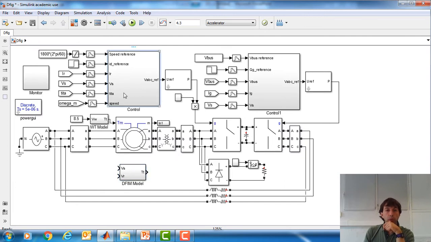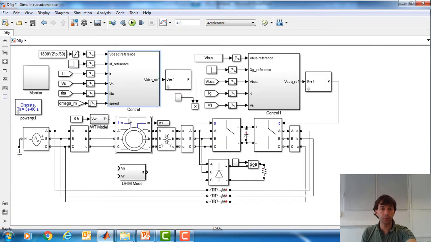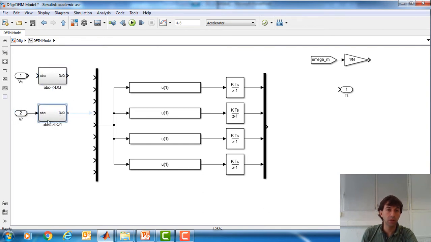So therefore we will need from ABC to DQ this transformation in order to, okay, this is alpha beta, sorry, this will be like this for the rotor, and this will be alpha beta.